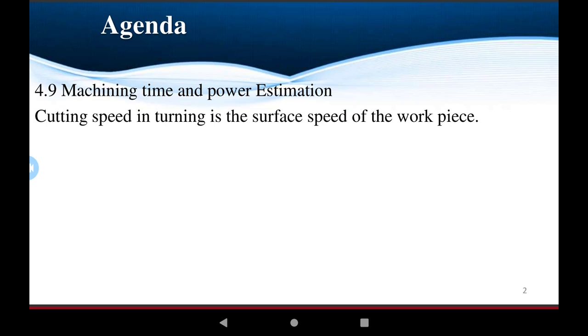Machining times and power estimation were also explained for some points in the last lectures. The main important thing in this video is the cutting tool speed.